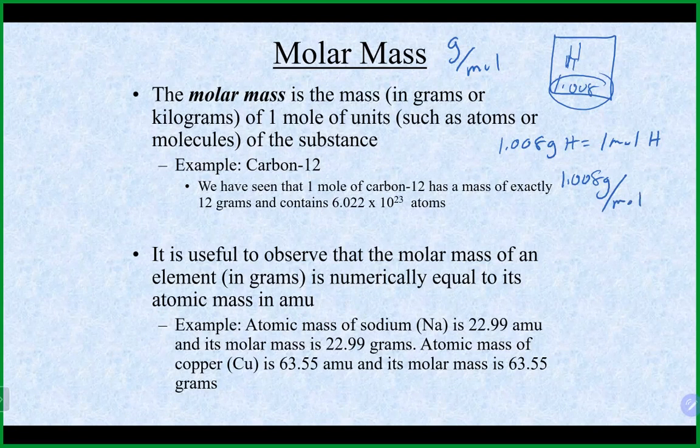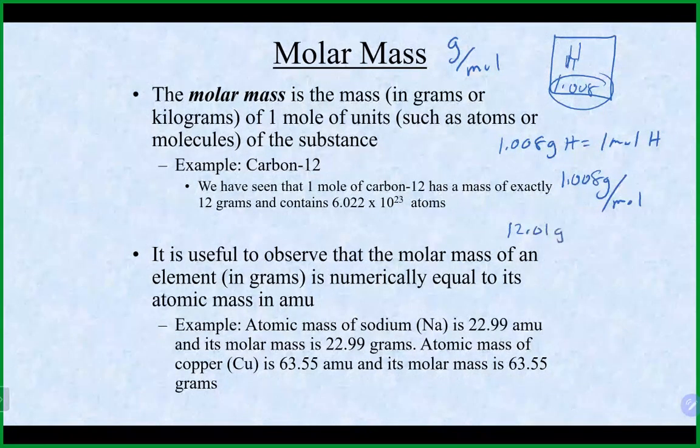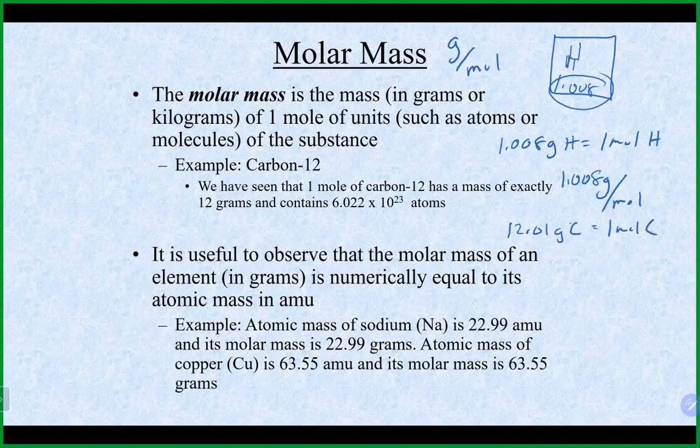Molar mass is always this way. The number always stays with the grams part, and it's always 1 mole. We could do that for anybody on the periodic table. If we had carbon, there would be 12.01 grams of carbon in 1 mole of carbon, which means the molar mass of carbon is 12.01 grams per mole.